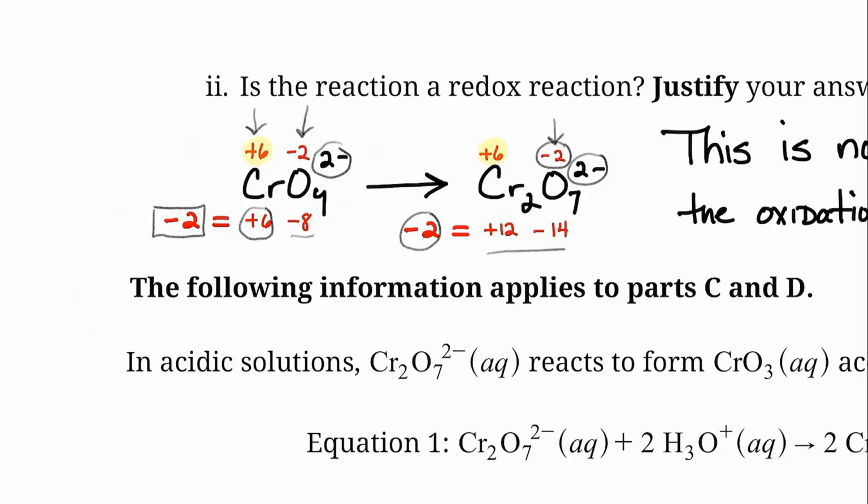There's 7 of them. So 2 times -2 times 7 is -14. I'm going to add that to some number that I have to figure out to give me a -2. So -14 plus what number is -2, I solve for that to be +12. And because there's 2 of them, each chromium must be +6.